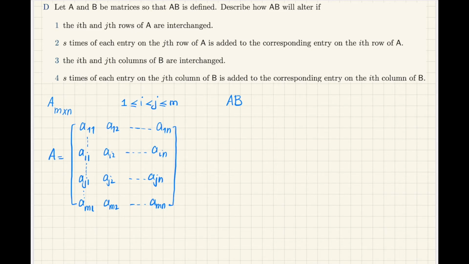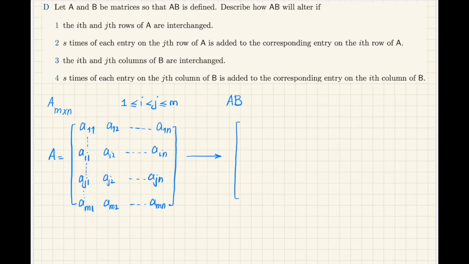Now what we do, we change this matrix a little bit. How? We keep everything the same unless we multiply the entries on the jth row by a number s. So this will give me s aj1, s aj2 up to s ajn, and then I add these numbers to this.